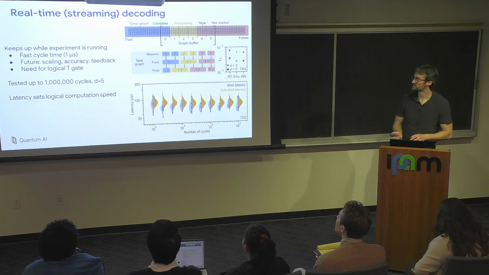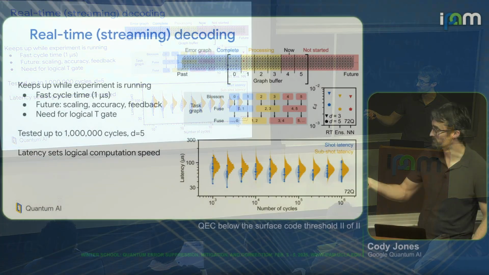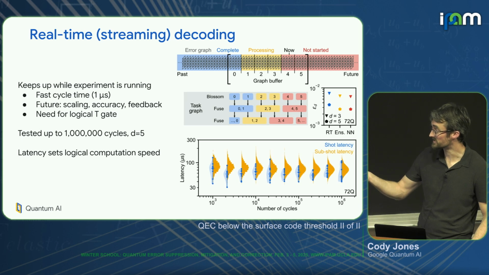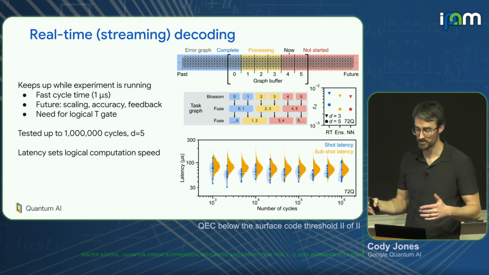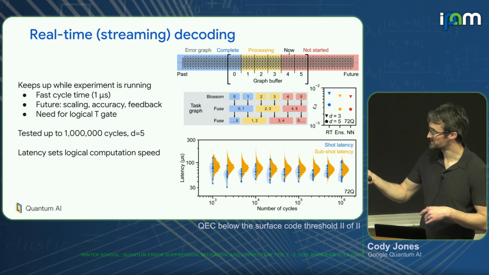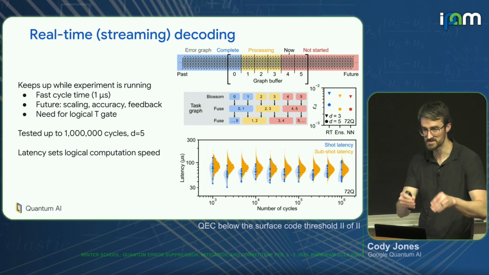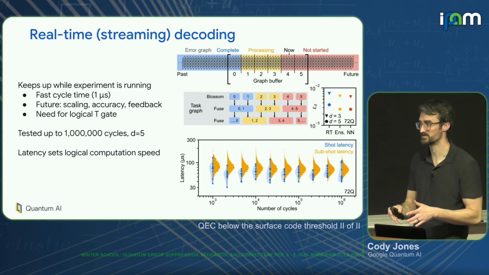Okay. So specifically, what we do is we have these blocks of graphs. So these are like pieces of this graph. And we have a many-core CPU. And so once we have all the information from one of these blocks, like this right here, we send it to a single thread within our CPU to solve that problem.